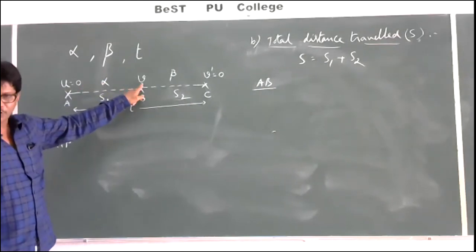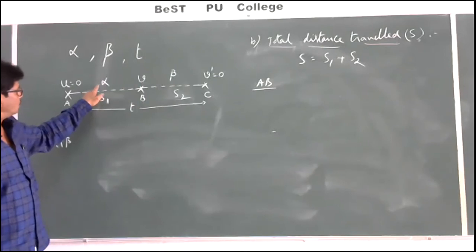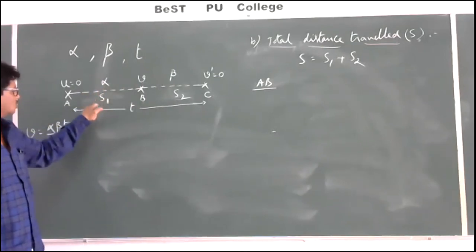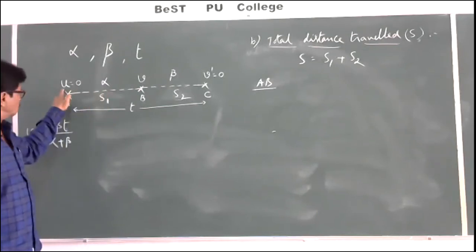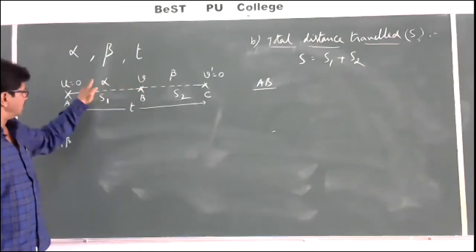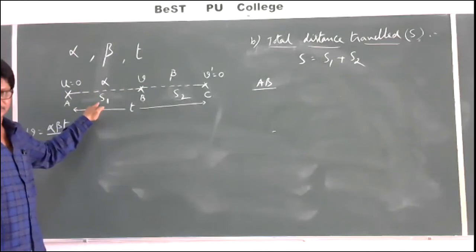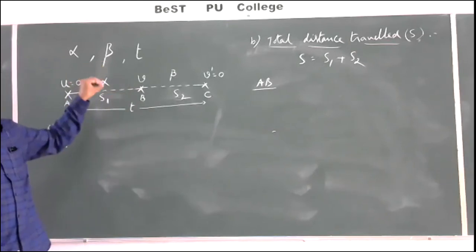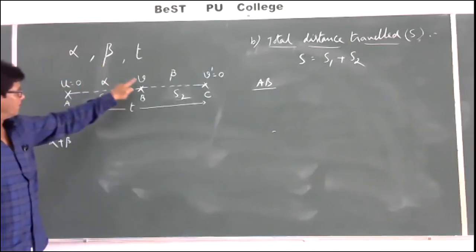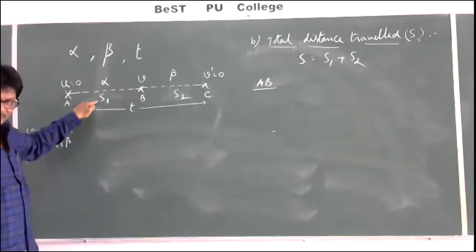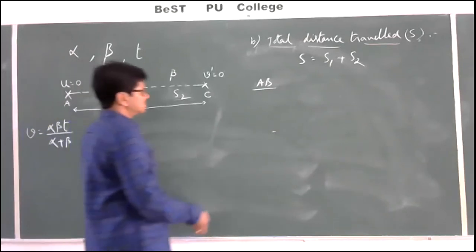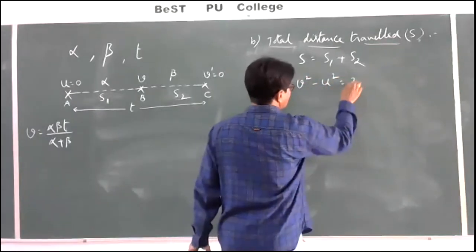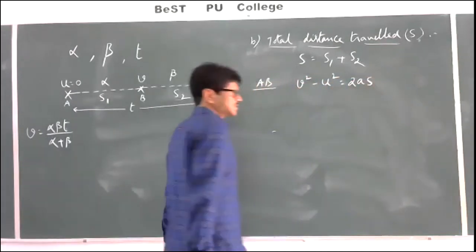V value we know. A value we know as alpha. S value we know as S1. U, V, A, S. Then what is the formula related to all these four terms? We'll go with V square minus U square is equal to 2AS.